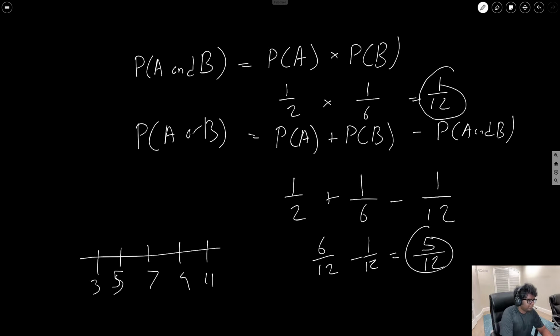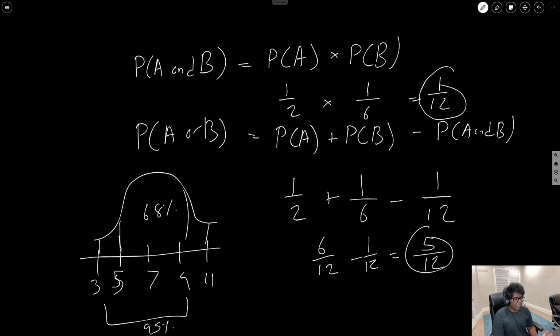Within one deviation of the mean, we know that 68% will be in this area. Within two, it'll be 95%. It's basically a measure of how many people are there. If you have the mean, that's the 50th percentile, right?